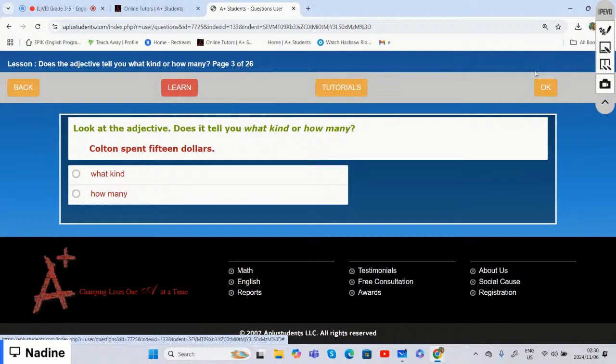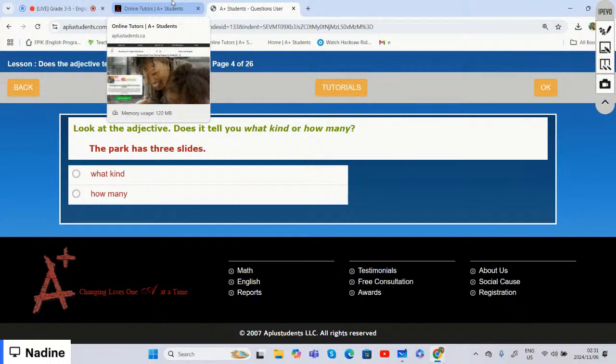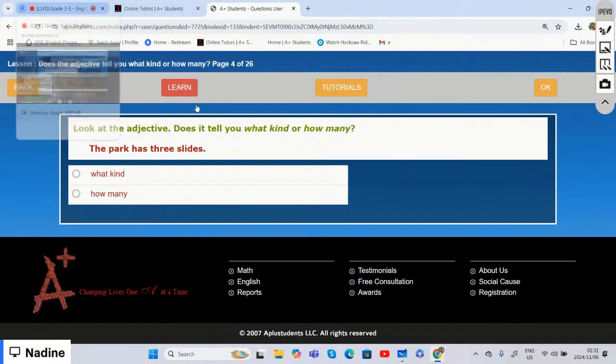All right. If it is Colton spent $5, then we can say it is telling us how many he spent. Yes, well done. So option two is correct because five is a number of dollars.